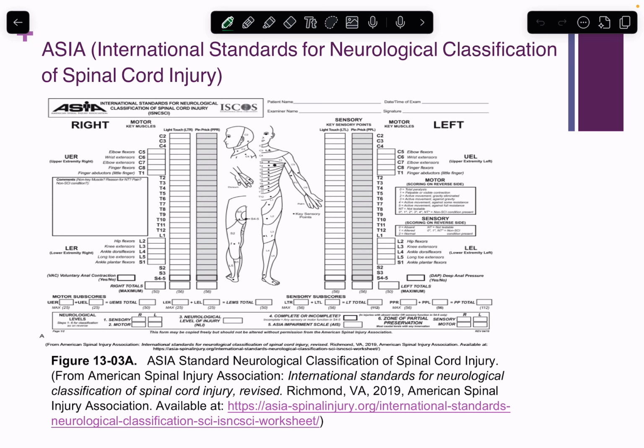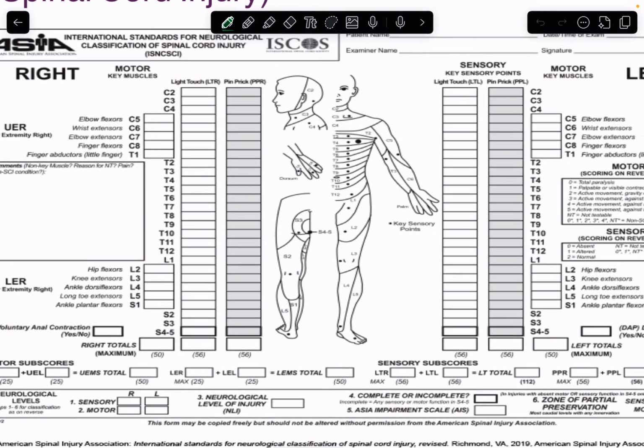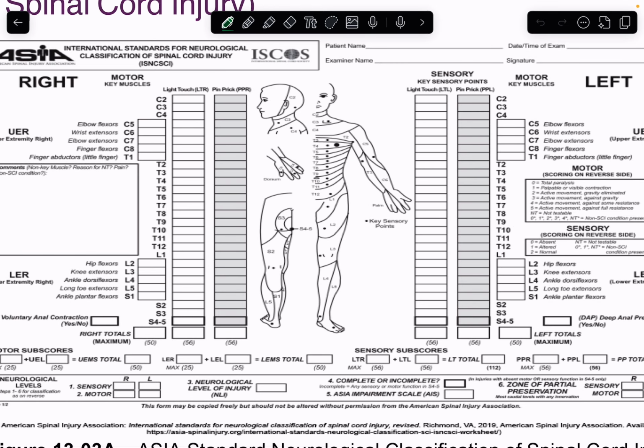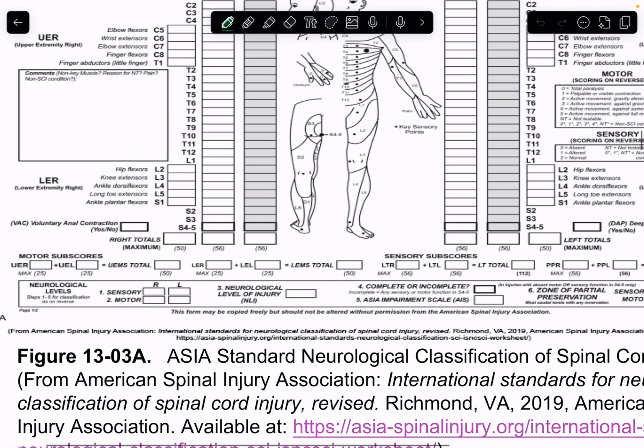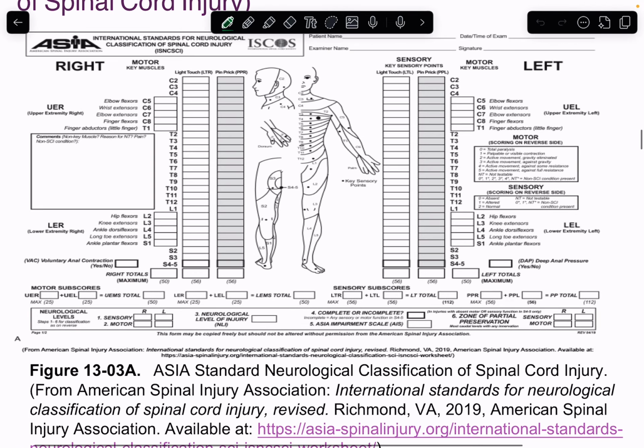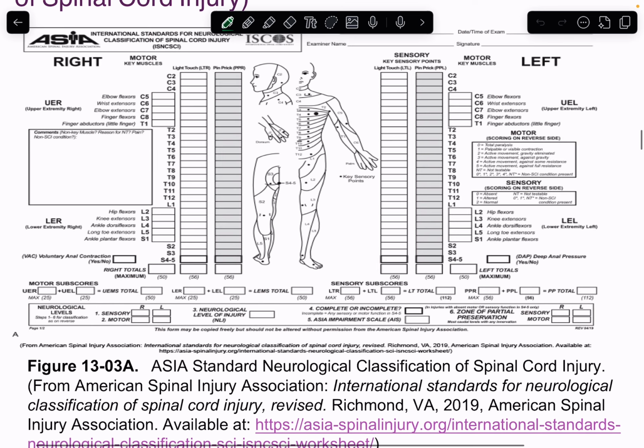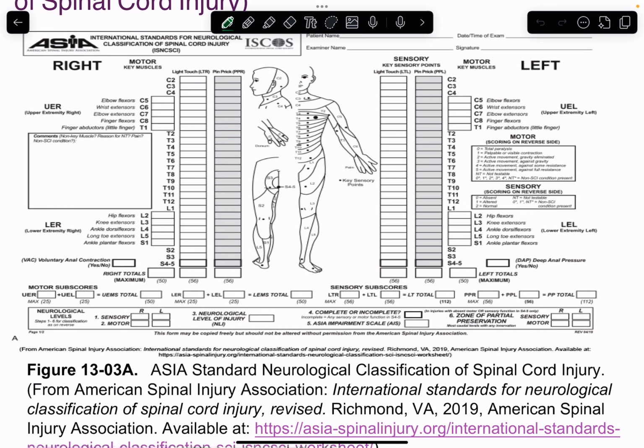I want you to review more of this, looking at the motor key muscles on the left and the right, and the key sensory points while assessing light touch and pinprick. You can see how it adds up: 50 for each side for motor, and 56 for each side for sensory, one for light touch and one for pinprick.